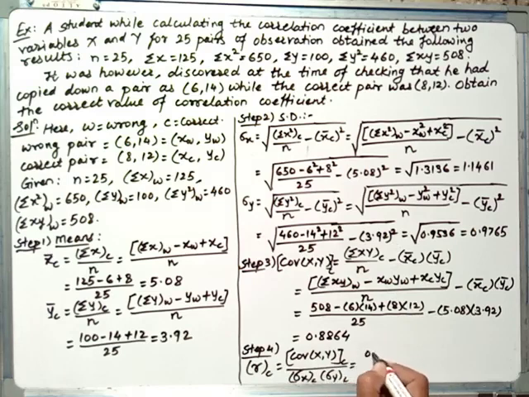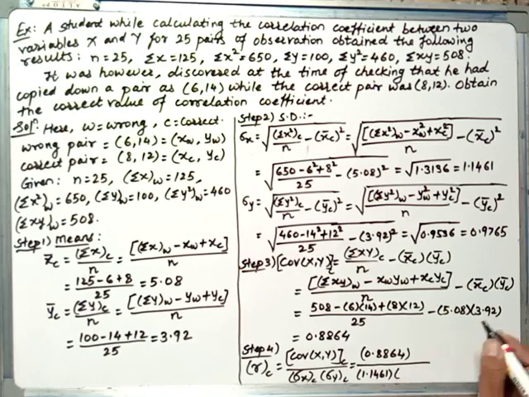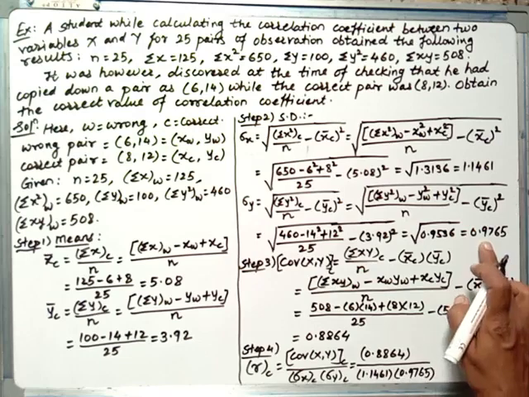So it is 0.8864. This is covariance upon what are sigmas? Sigma x is 1.1461 and sigma y is what? 0.9765. Look at this.